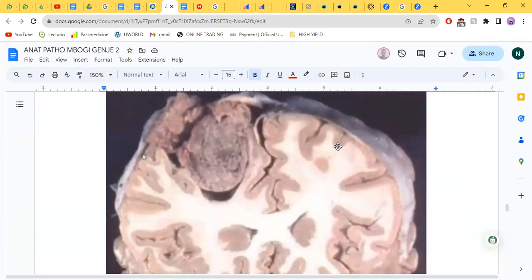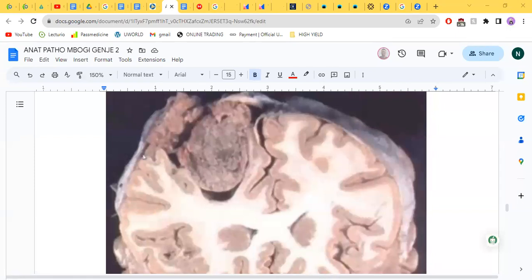Next, what are some of the gross features that we can realize from this picture here? Any tries? There is definitely a mass. Is this mass well circumscribed or poorly circumscribed?